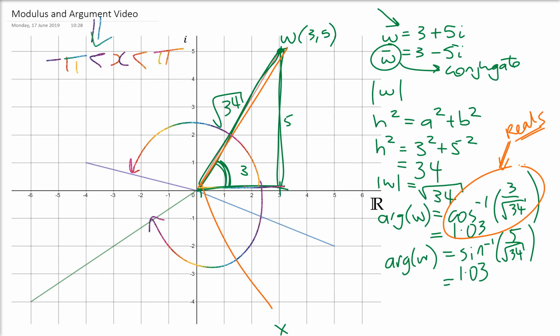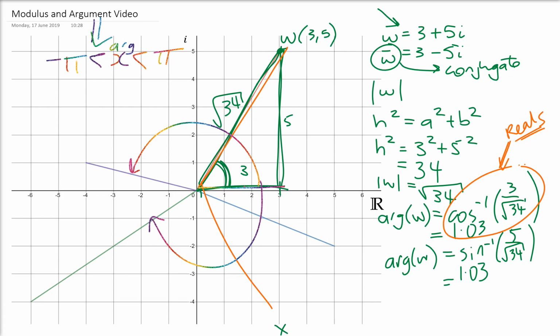Doing the arc cosine tells us if it's in this part of the real numbers or that part.